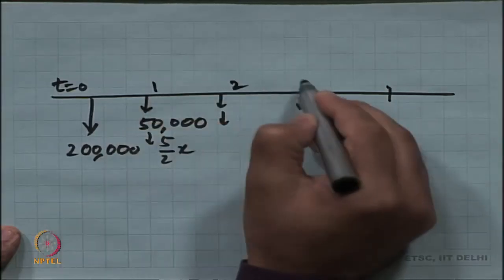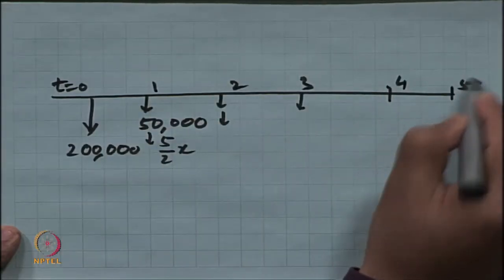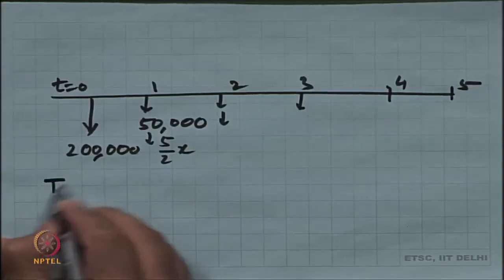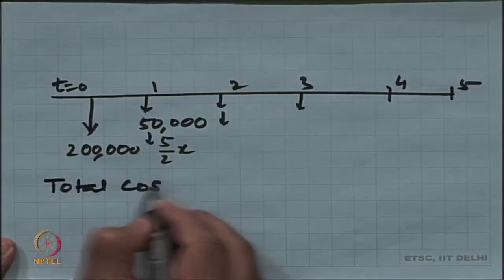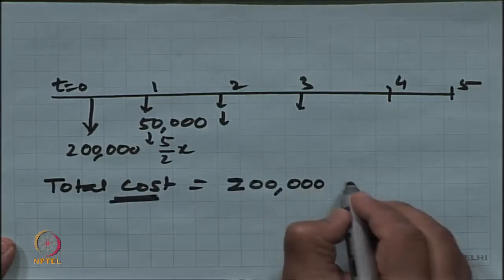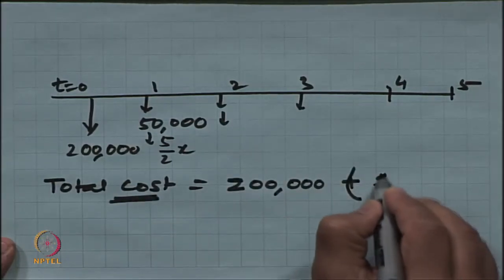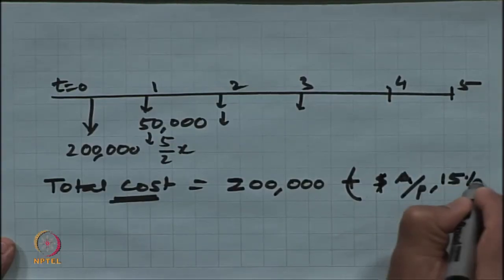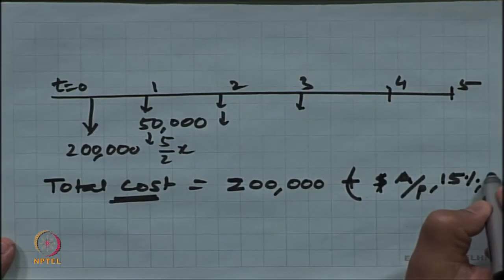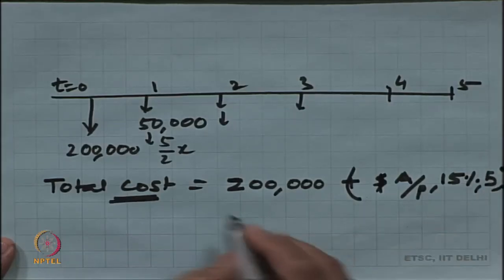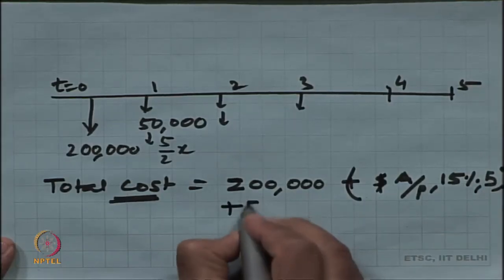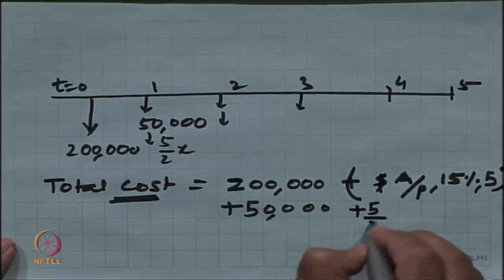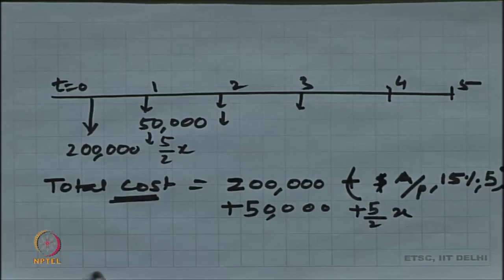So, my total cost: I want to find the equivalent A of 200,000. So, I write A given P for an interest rate of 15% for 5 years, plus 50,000, which is already an annual cost, plus 5 by 2x, also an annual cost.